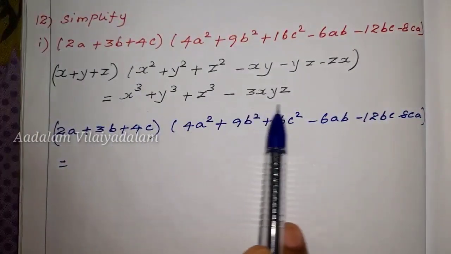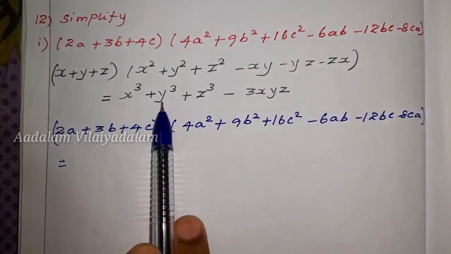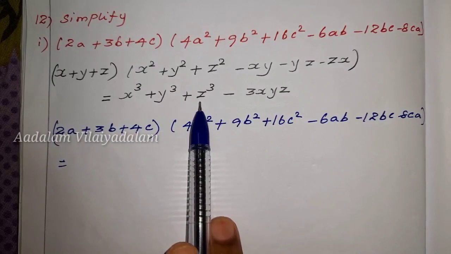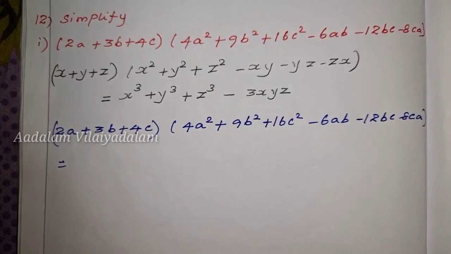Just substitute in the formula here. We have to find the value of x cube plus y cube plus z cube minus 3xyz. First identify the values.